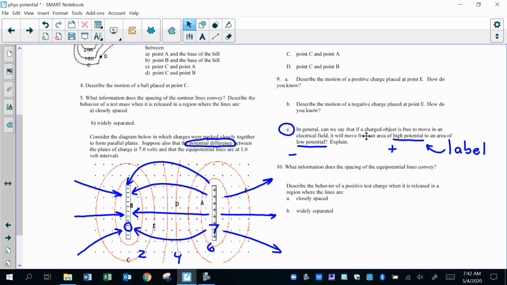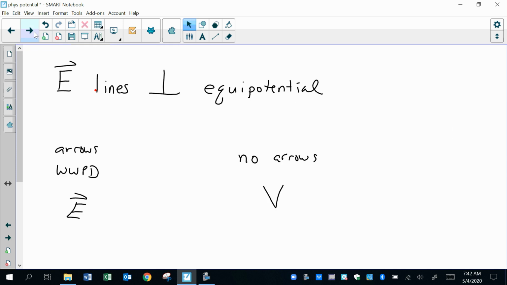It's labeled as high potential because it's got pluses. This one is labeled as low potential because it's got negatives. Do all charged particles naturally go from the positive to the negative? So that's what that question's asking. The solutions are also going to be posted on an answer key file, so you can give it a try and you can see the solutions.